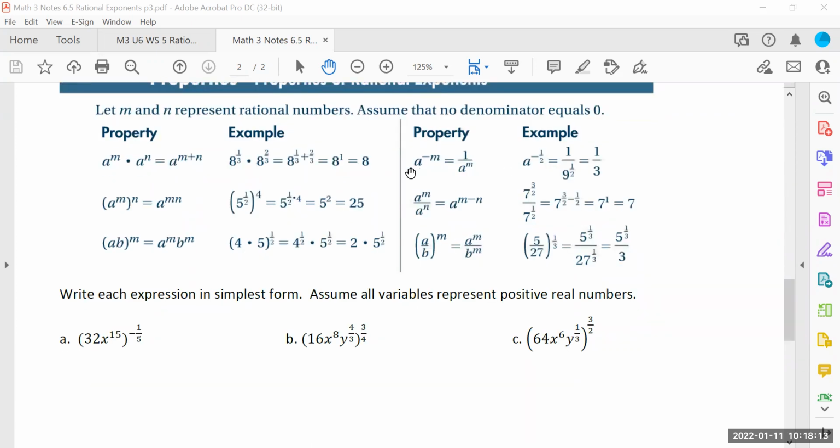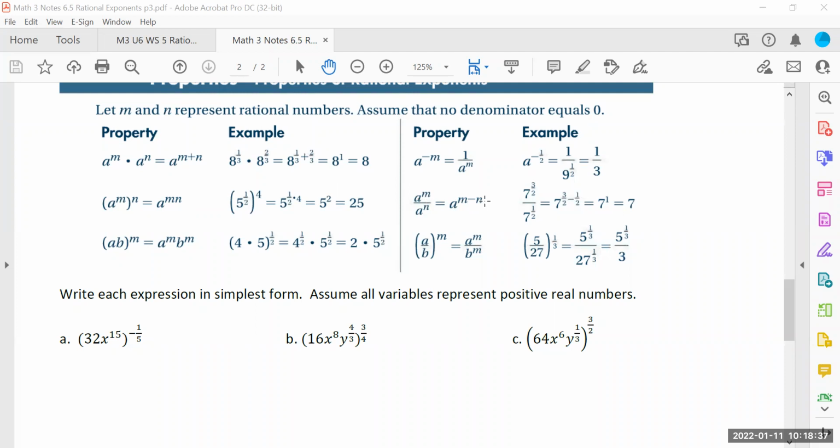This one we did last semester. A negative exponent means 1 over that, 1 over a to the m power. It means the reciprocal. We did this one last semester too: a to the m over a to the n means a to the m minus n. Subtract the exponents.